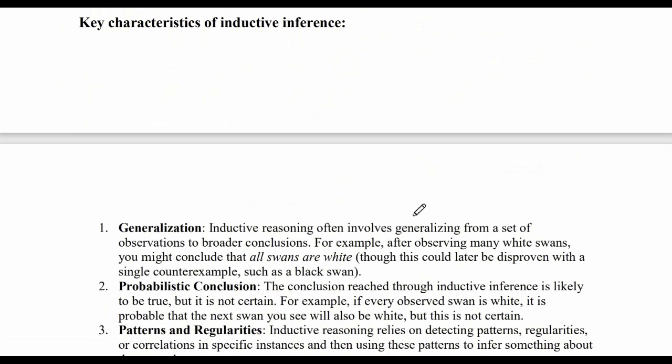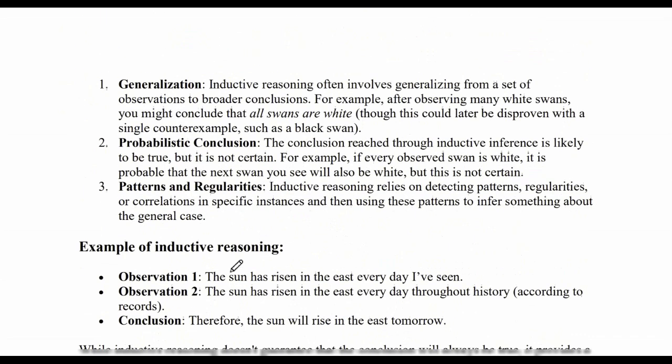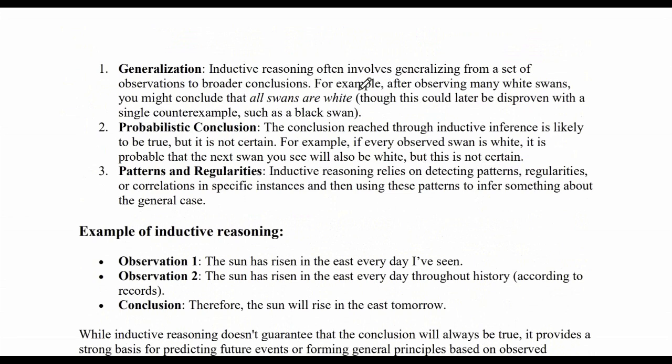Key characteristics of inductive inference. Inductive reasoning often involves generalizing from a set of observations to broader conclusions. For example, after observing many white swans, you might conclude that all swans are white, though this could later be disproven with a single counterexample, such as a black swan.